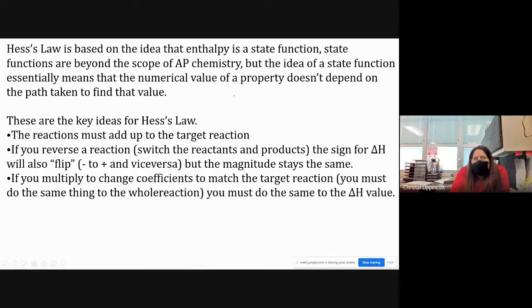So these are the key ideas for Hess's law. The reactions must add up to that target or overall reaction.